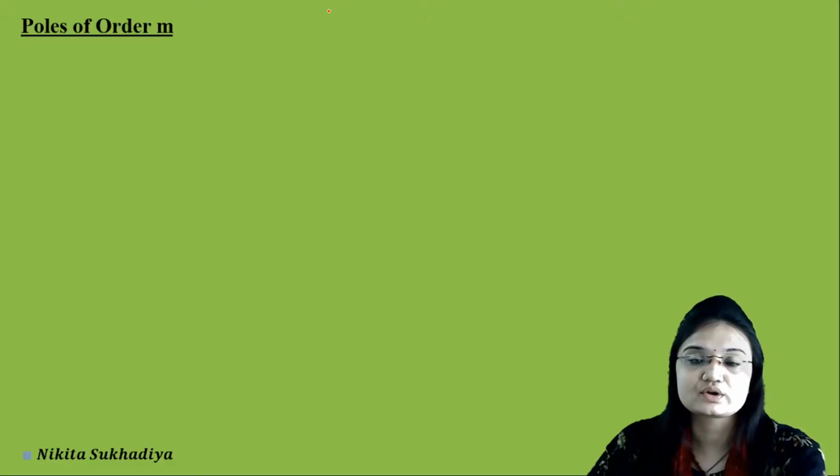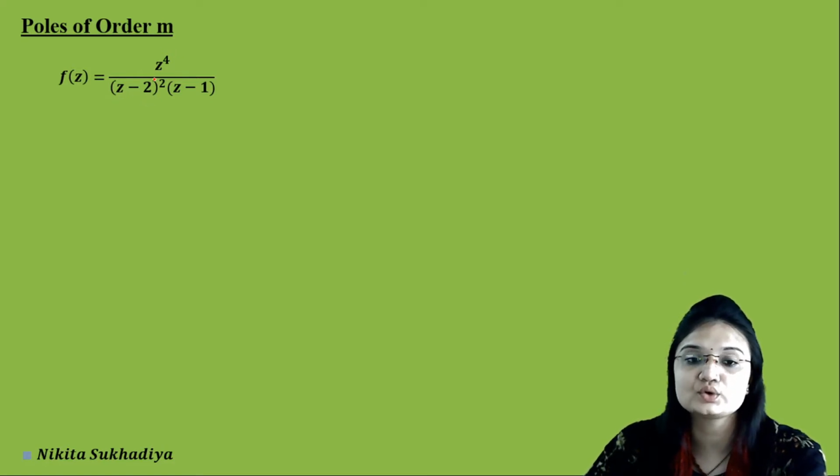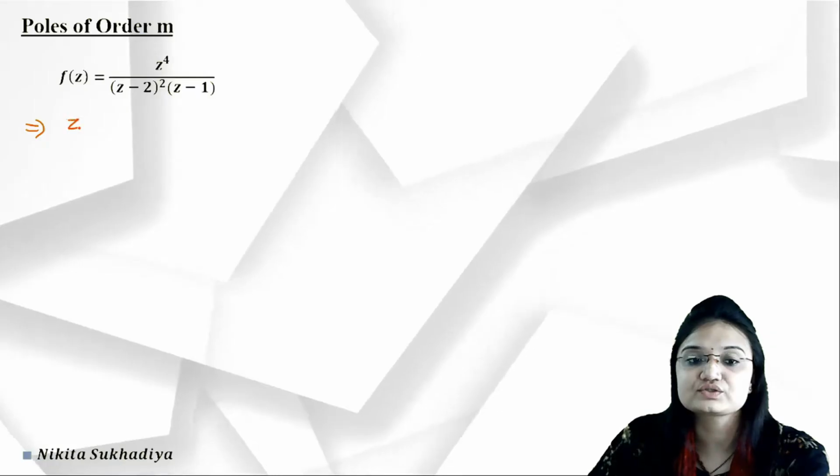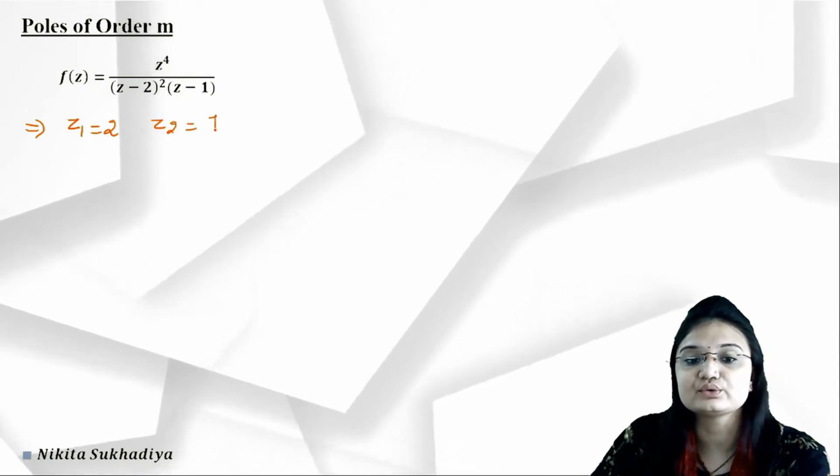Before starting the evaluation of residue, first of all let us understand what is pole of order m. For example, here we have function f of z is equal to z raised to 4 upon (z minus 2) whole square into (z minus 1). So here we have two poles, first one z1 is equal to 2 and z2 is equal to 1.